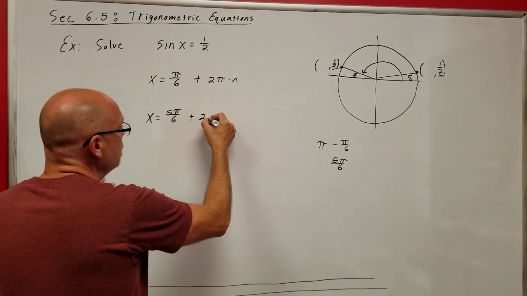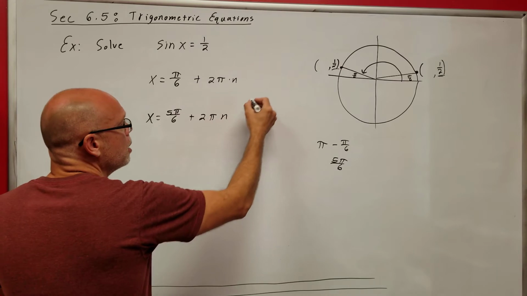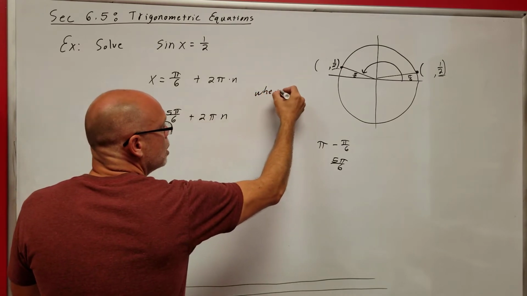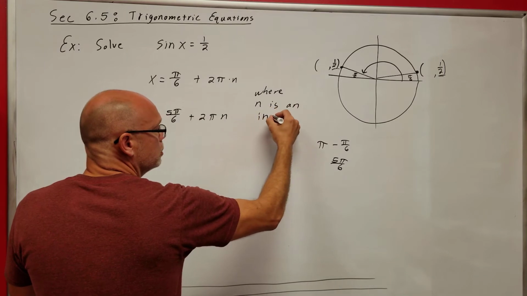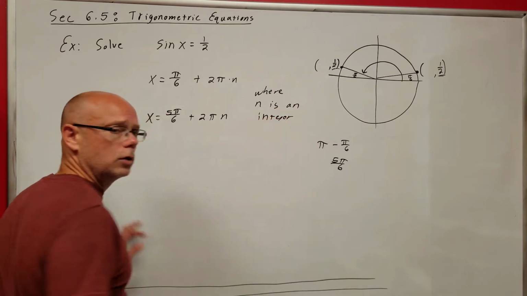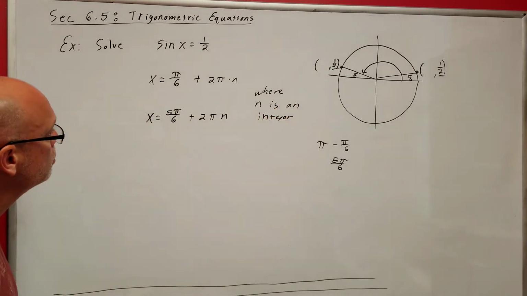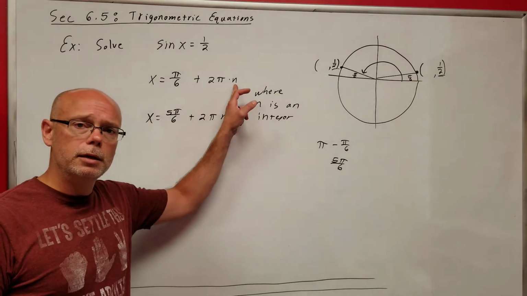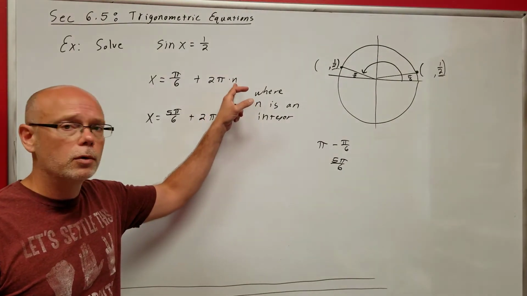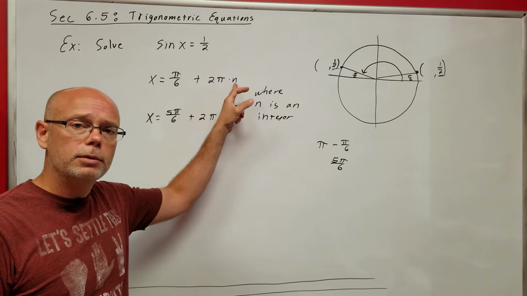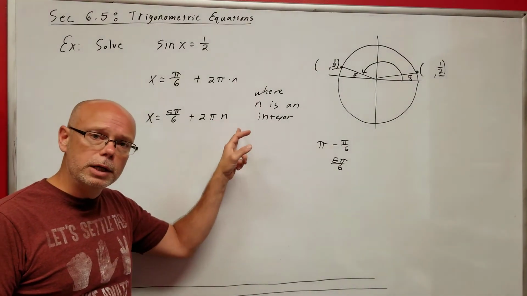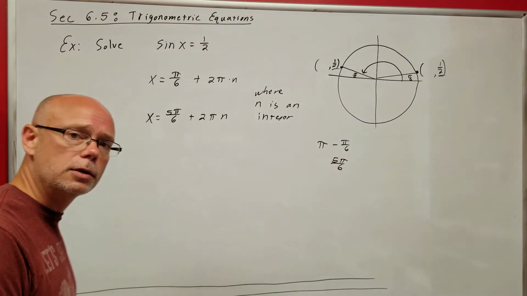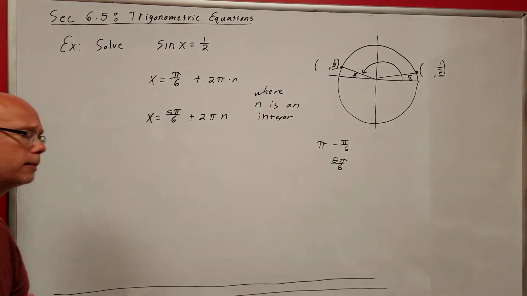Same thing here, plus 2 pi n, where n is an integer. What does that mean? That means n runs through 1, 2, 3, 4, 5, -1, -2, -3, and so forth, and n takes on a value of 0. But n doesn't take on fractions or decimals.